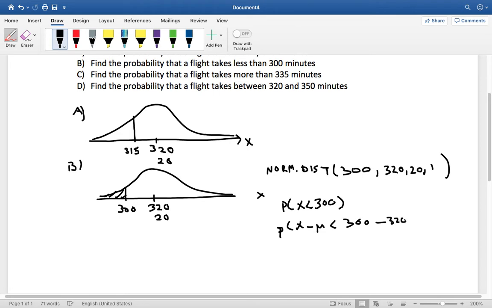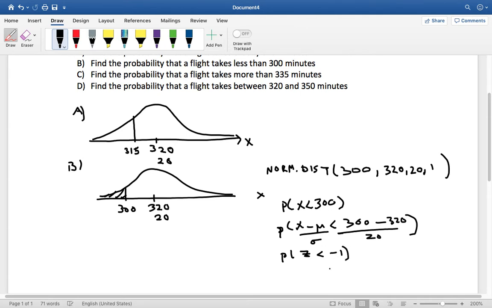And we're going to divide by the standard deviation on both sides, and the standard deviation we said is 20. That's (X minus mu) over sigma, which is Z, standard normal, and that's 300 minus 320 is negative 20, over 20 is negative 1.